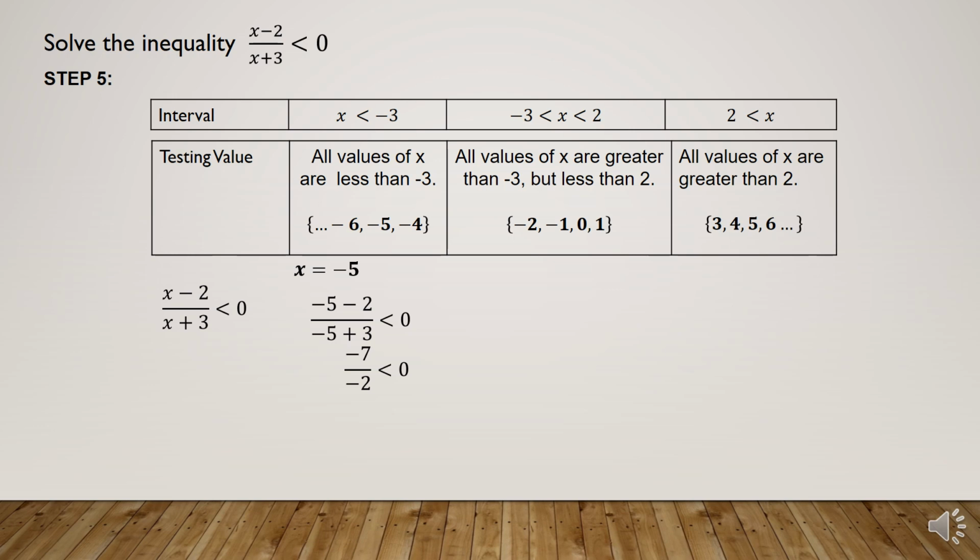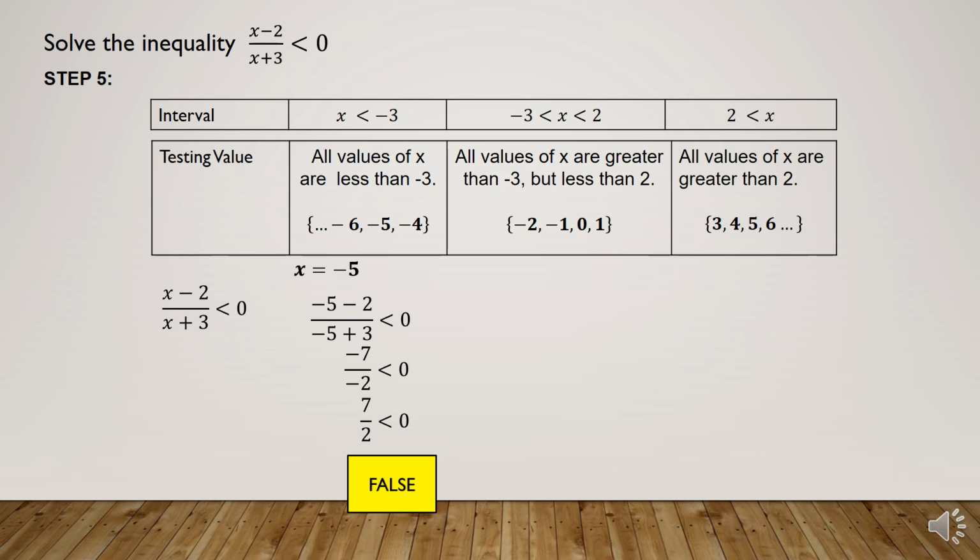So, negative 7 over negative 2 is positive 7 over 2, which is less than 0. This is what we call a false statement because positive is always greater than 0 and not less than 0.